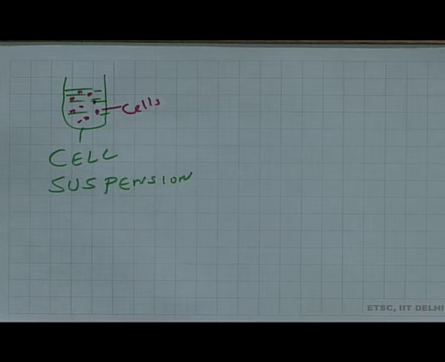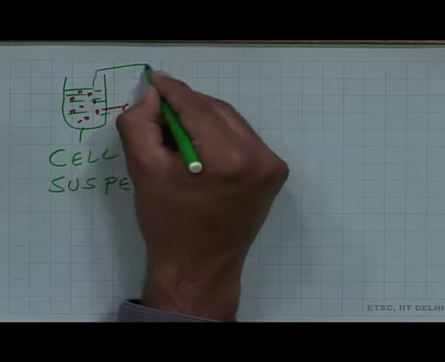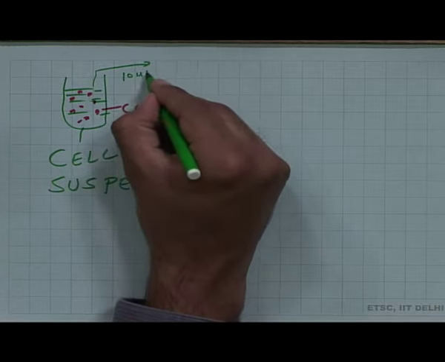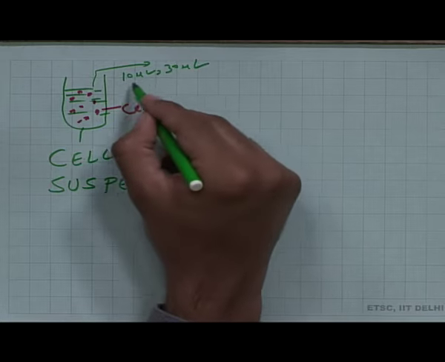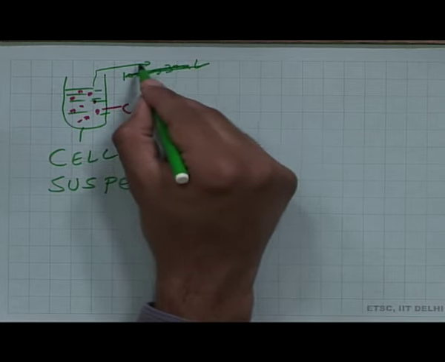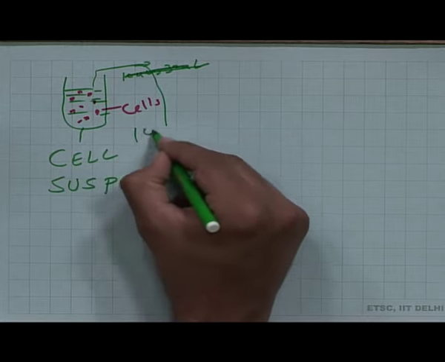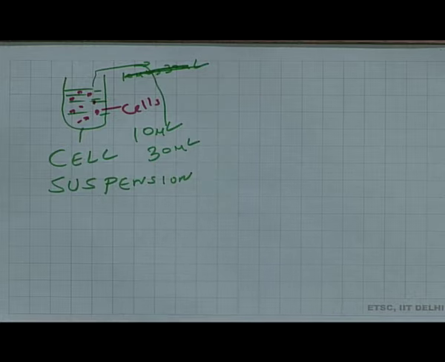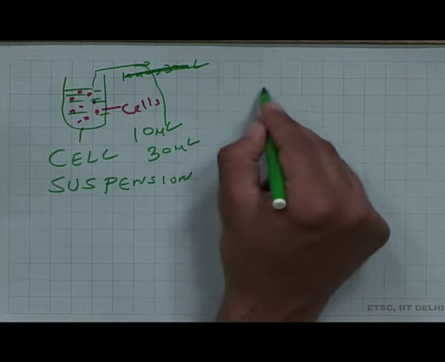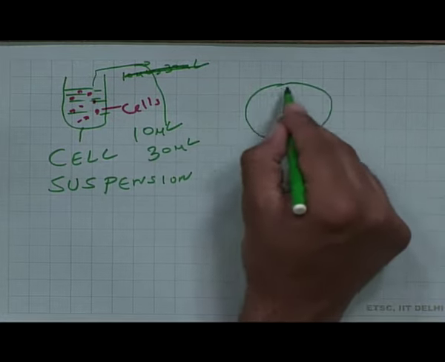So, what you do is you take a small amount of this, maybe 10 microliter or 30 microliter, and you put it on a plate.